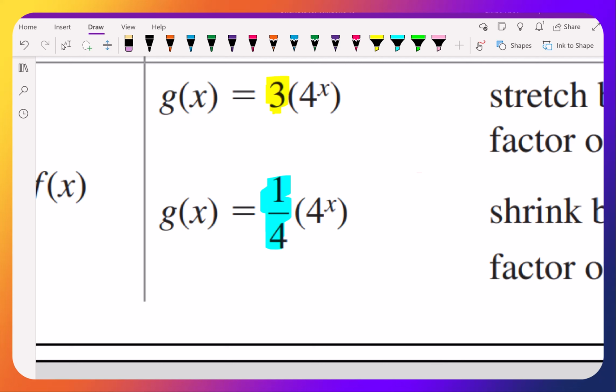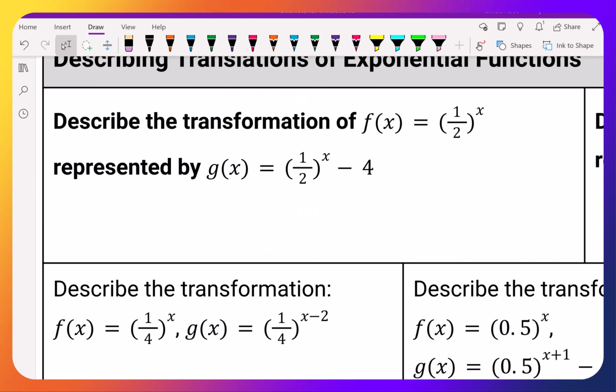So here's what you want to do. There's not really a parent graph to an exponential function. So you need to see if there are any changes between the f function and the g function. It has the same base of 1/2. We know it's a decay, but the only thing that's changed is this part right here.